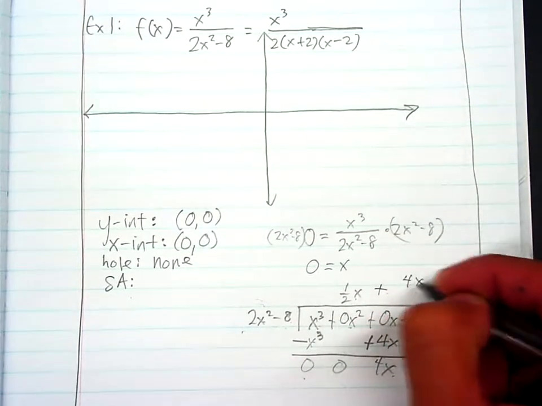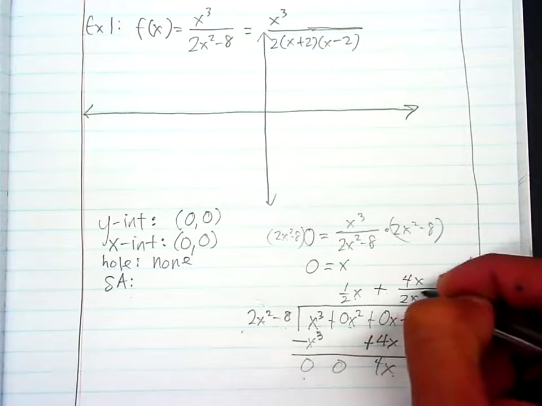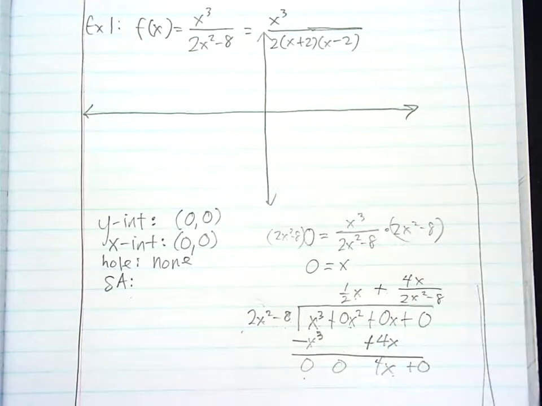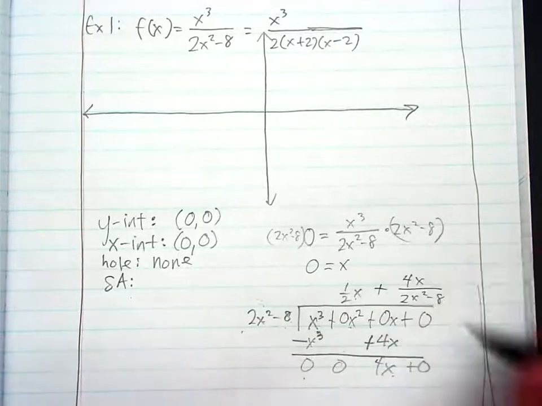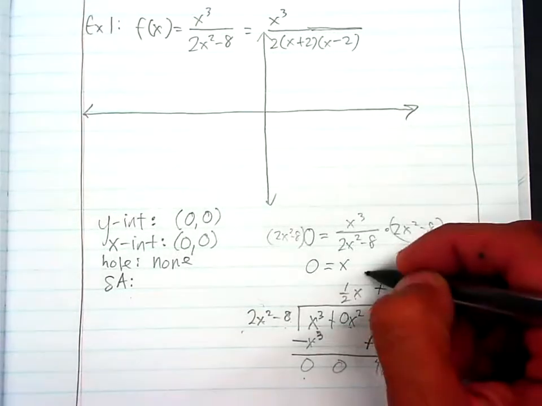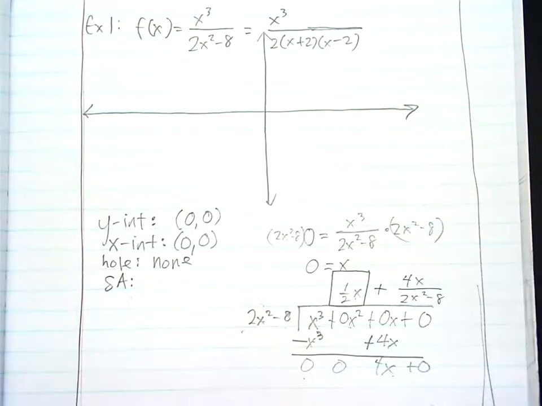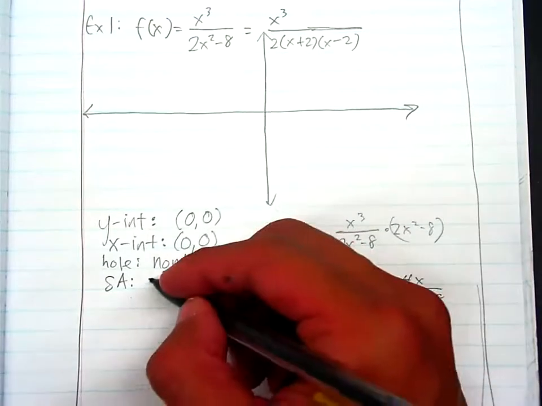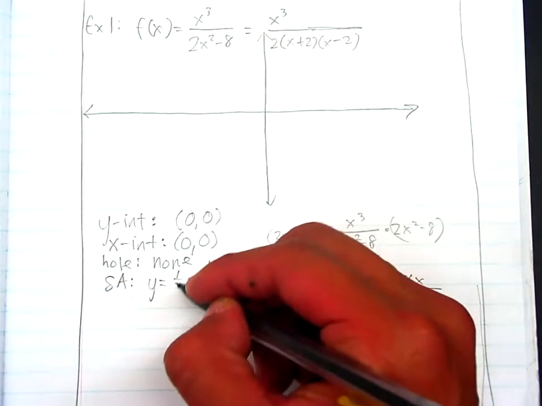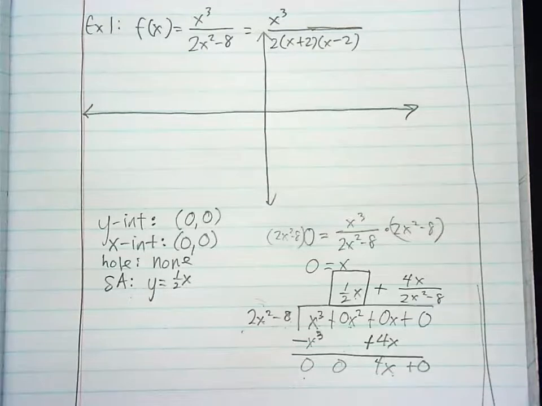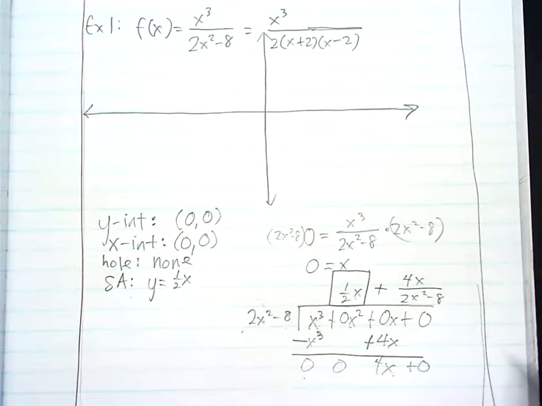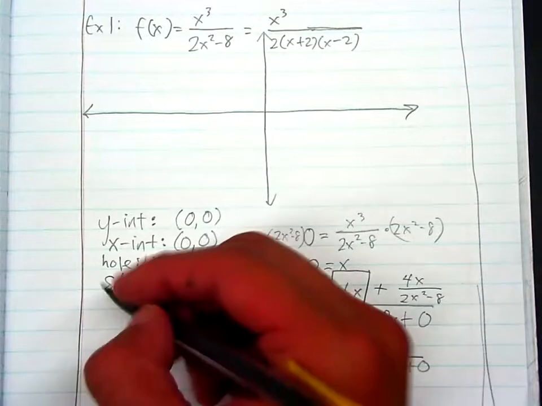So it'll be 4x over 2x squared minus 8. Whatever is not the remainder, I repeat, whatever is not the remainder is the slant asymptote. So this is my slant asymptote. The slant asymptote is y equals 1/2 x. And again, if I had another term other than the remainder, that would also be part of it. So right now my slant asymptote is 1/2 x.